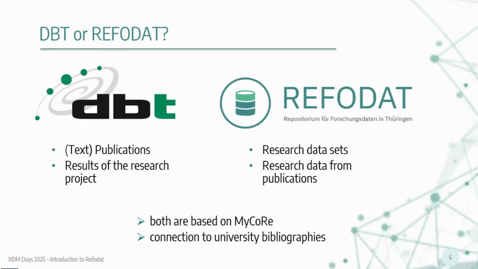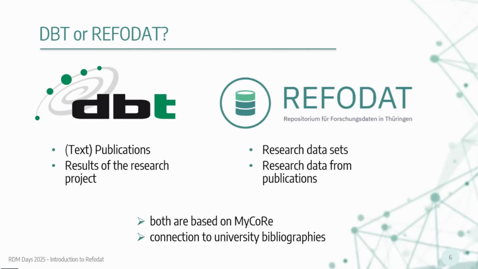So I've already mentioned the Digitale Bibliothek Thüringen and that it's a similar system. But if you ask yourself, so okay, which do I use for what, is relatively simple. The Digitale Bibliothek Thüringen is mainly used for text publications and the results of your research project, whereas REFODAT would be used for research data sets and research data that underlie these publications that you might be publishing on DBT, for example.